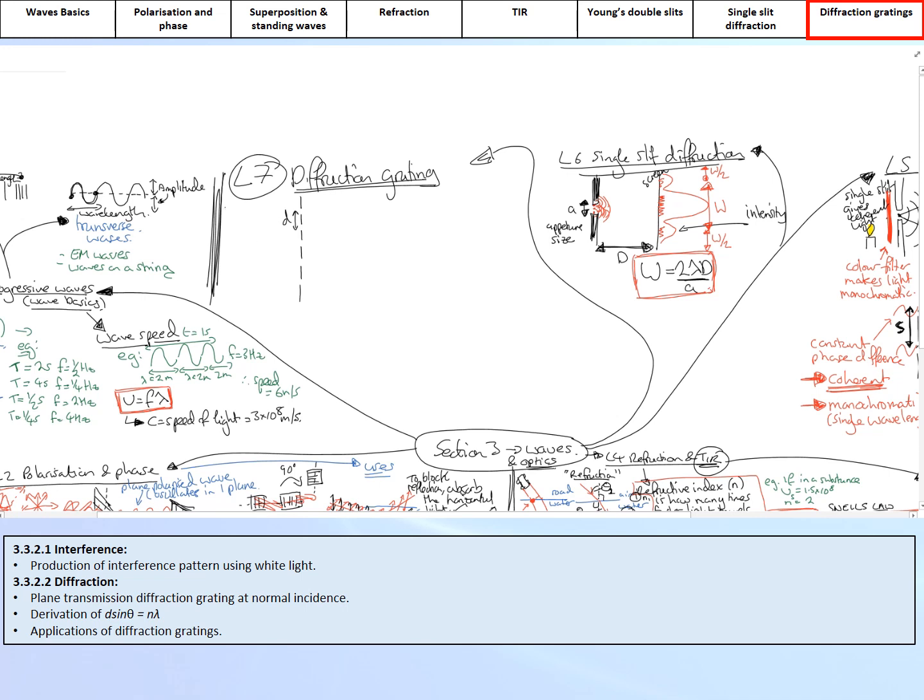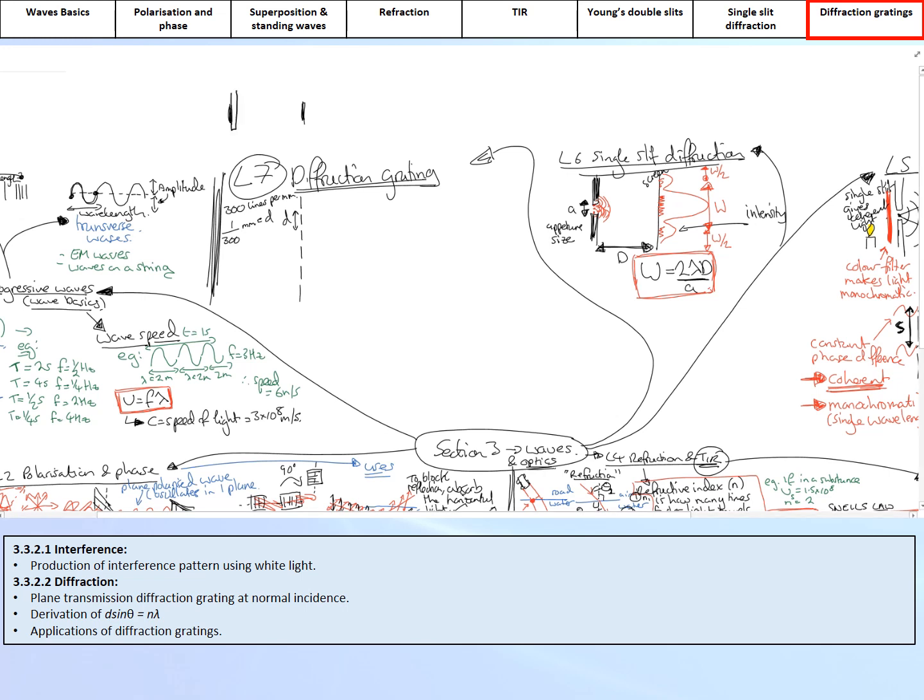What you'll be told instead is that you have a grating with, say, 300 lines per millimetre. How far apart are each of those lines? If you've got 300 in a millimetre, then if you divide that millimetre between all 300 of them, that will give you the distance. It might not be 300, they might give you a different value, but that's how you work out a value for d. If you aren't convinced, imagine our millimetre was divided up into two slits.